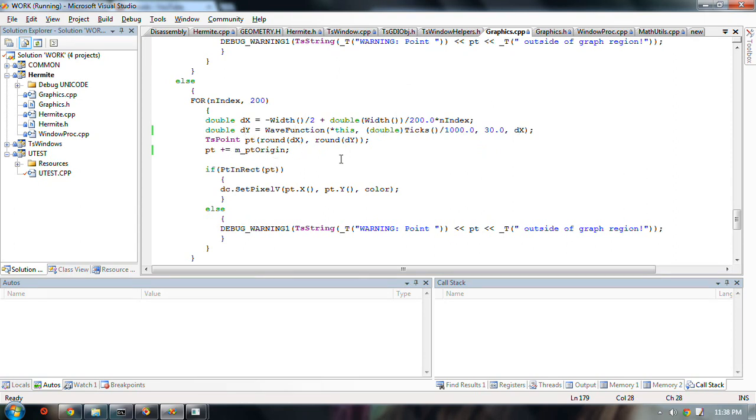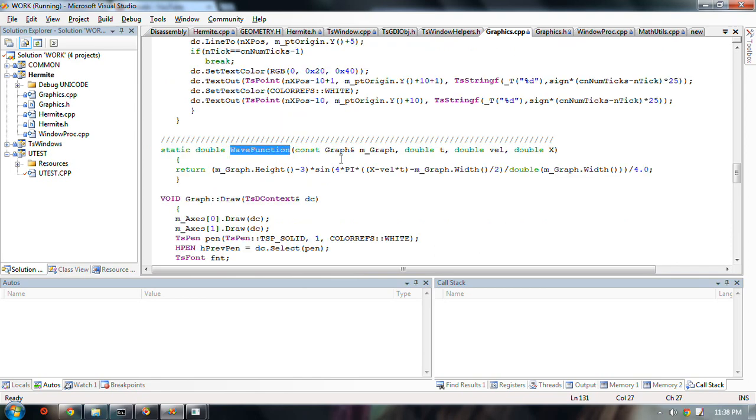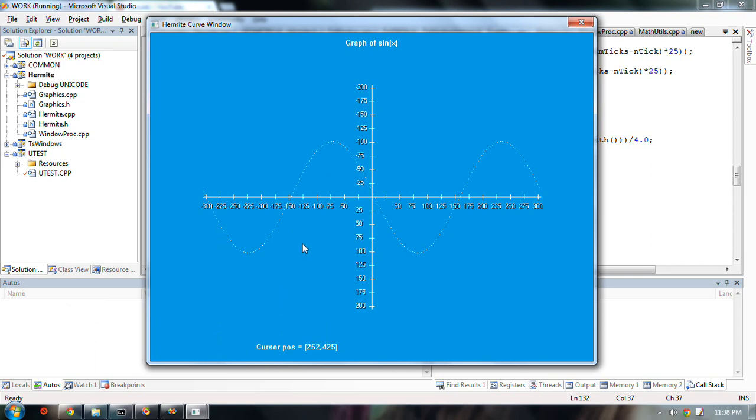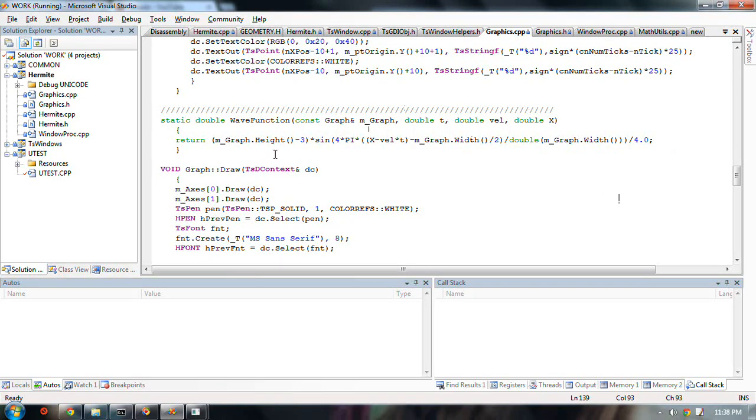Now I called this function a wave function because this in fact is not just a sine wave. This is a wave function for the basic reason that it's a solution to the wave equation.